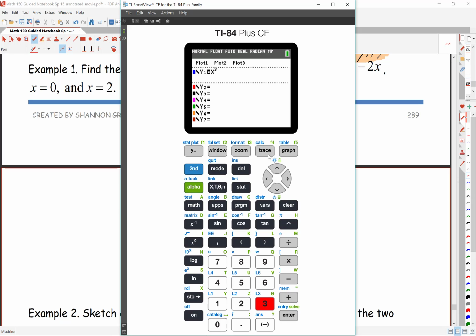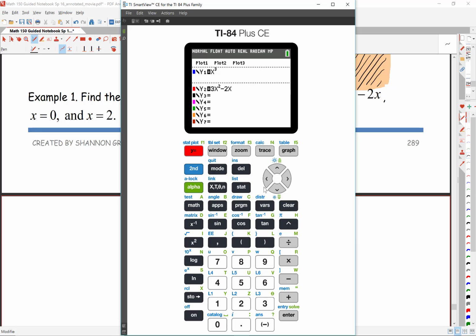And then the next one is 3x squared minus 2x, so 3 times x squared minus 2 times x. All right, so let's take a look at the graph.